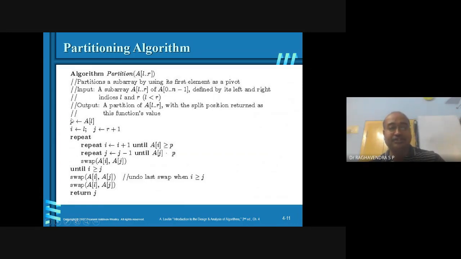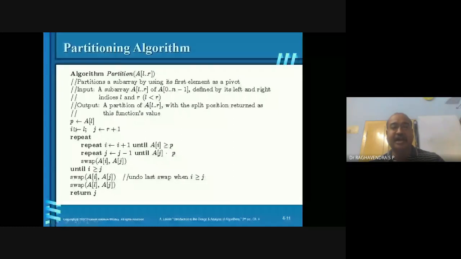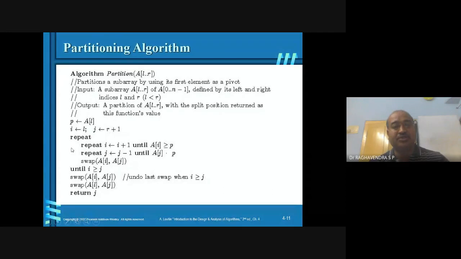For example, p is equal to A of l, meaning the extreme left element is stored as the pivot element, i is taken as the left position, and j is taken as r plus 1, that is the right extreme. Now you repeat this process. Repeat i is equal to i plus 1 until A of i is greater than or equal to p, because the elements in the left are compared against the pivot, and the elements in the right, the second half, will always be smaller.